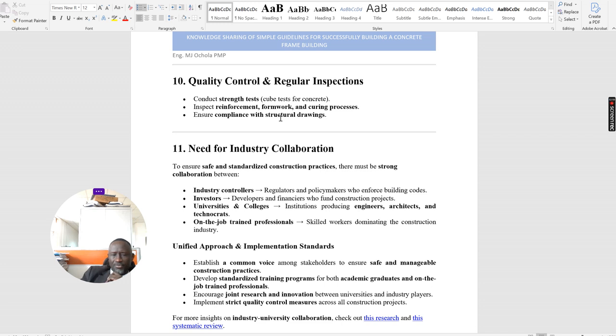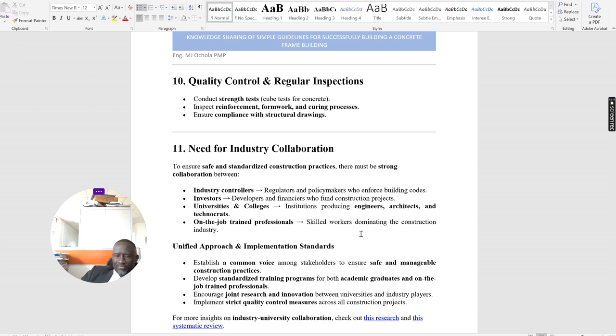Unified approach and implementation standard: establish a common voice among stakeholders to ensure safe and manageable construction sites. Already I've talked about that. Develop standardized training programs for both academic graduates and on-the-job training. This is what we talk about.